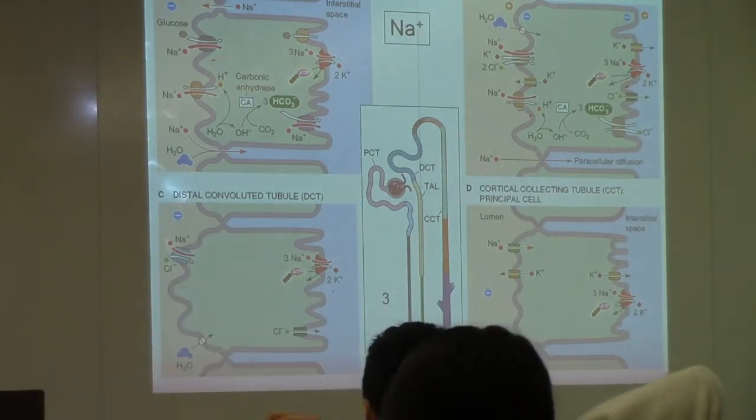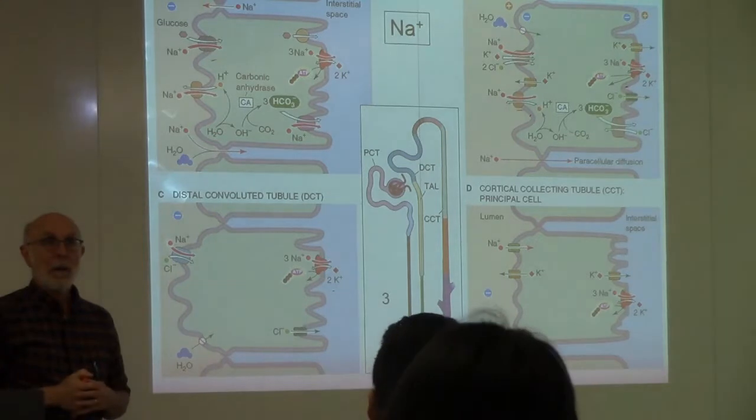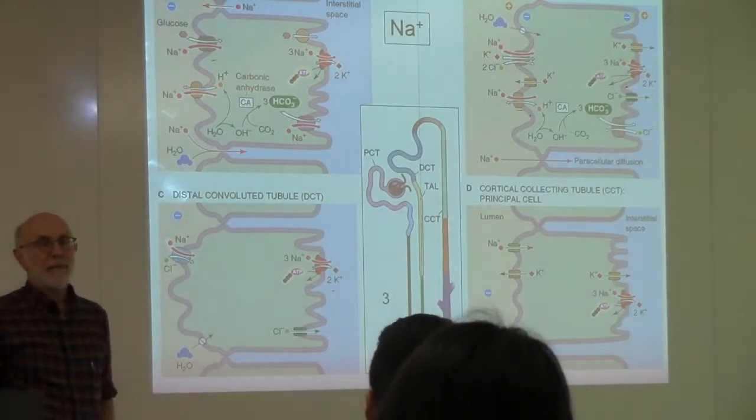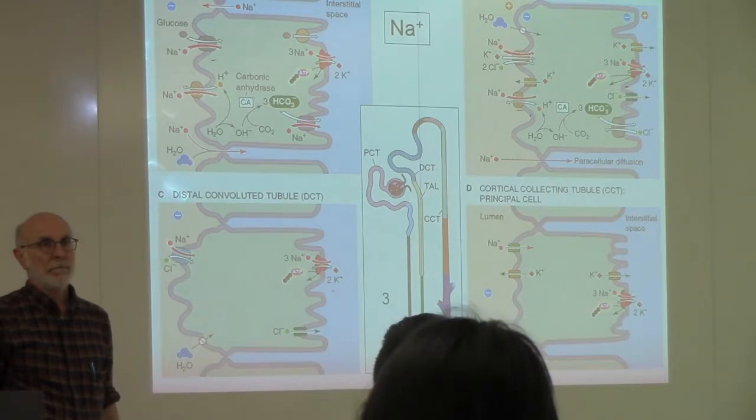In all cases, the sodium potassium ATPase is what's driving this. The sodium proton and sodium glucose co-transporters are not driving, they're following.